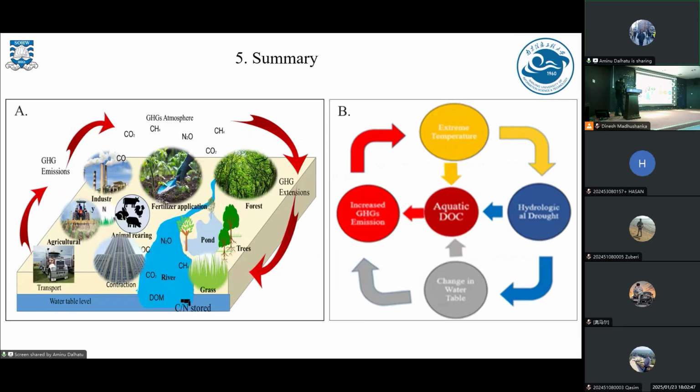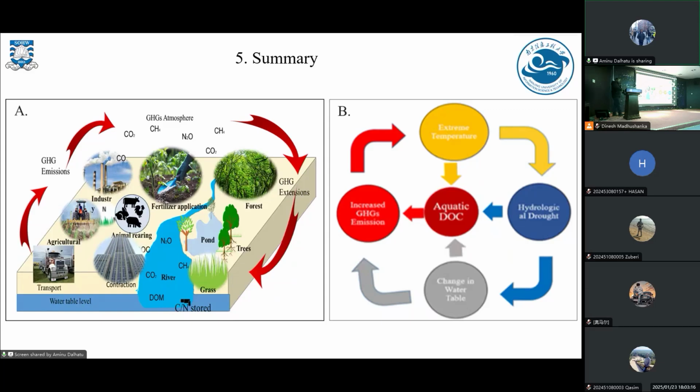This second graph shows how climate change or global warming is related to carbon dioxide emission and water levels. Extreme climate affects hydrological drought, which may increase or decrease the change in the water table of the ground.